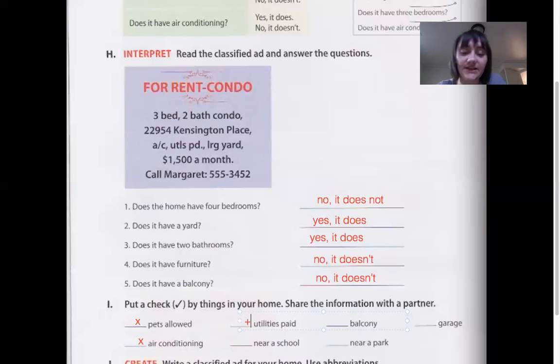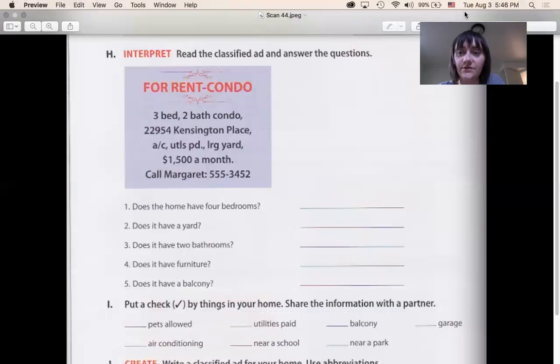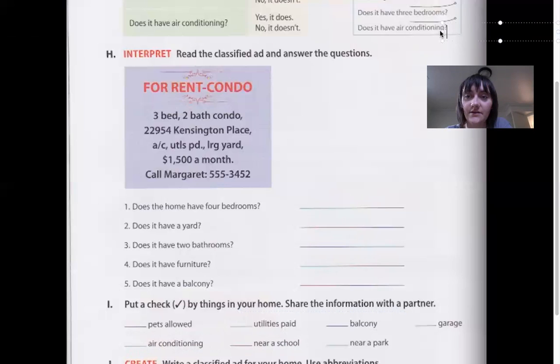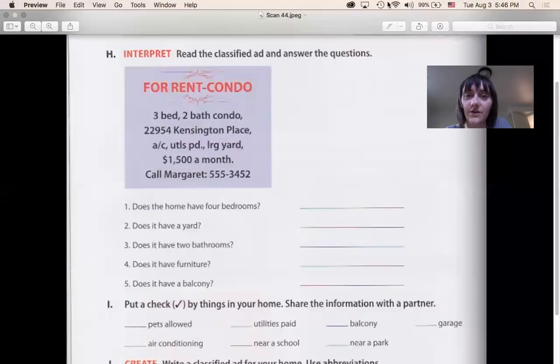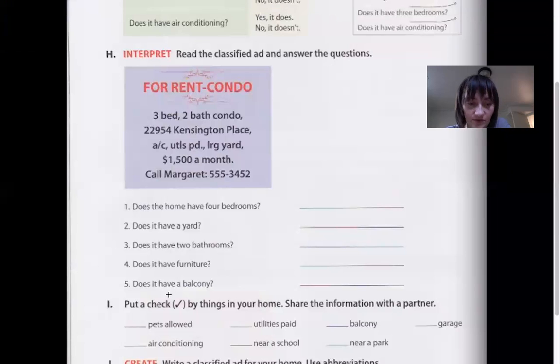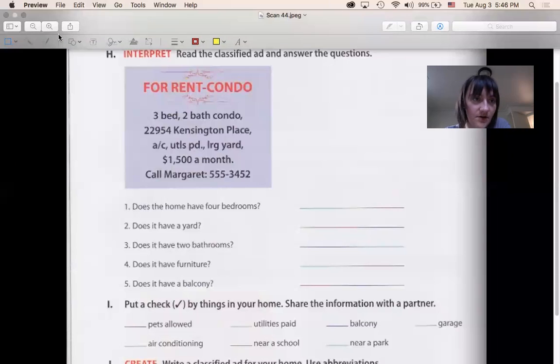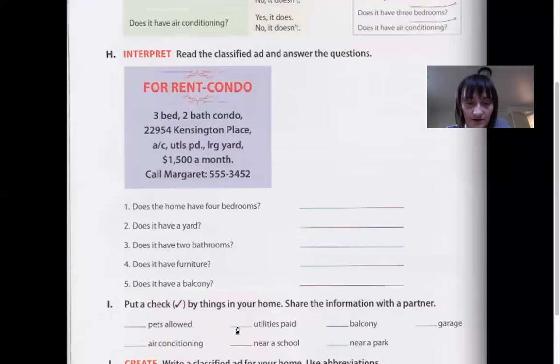So I'm going to put a little plus sign there. Let me do a little drawing. So pets allowed. Or utilities paid? Yep, utilities are paid. Oh, that didn't work. Okay.